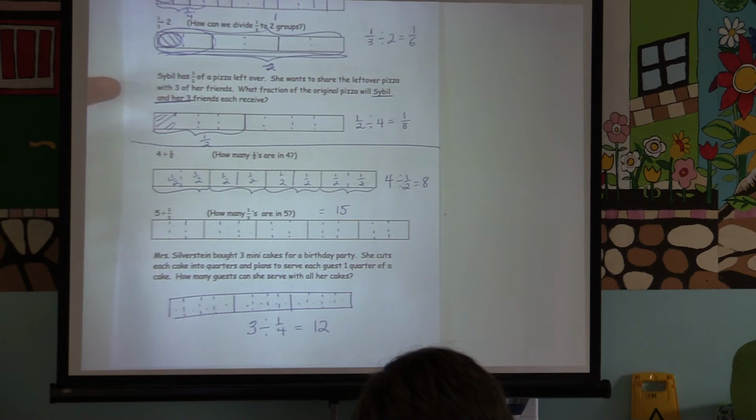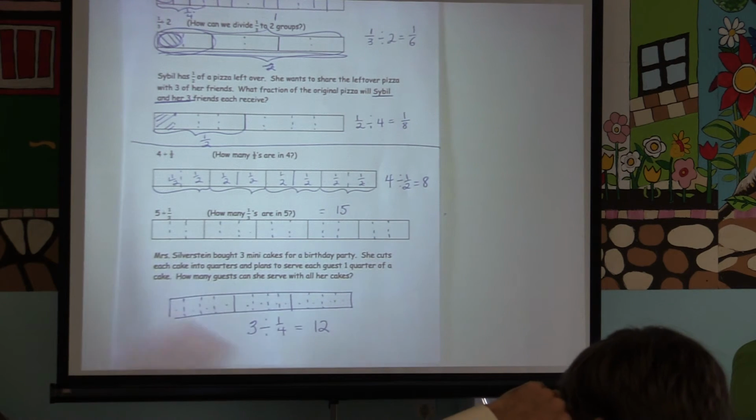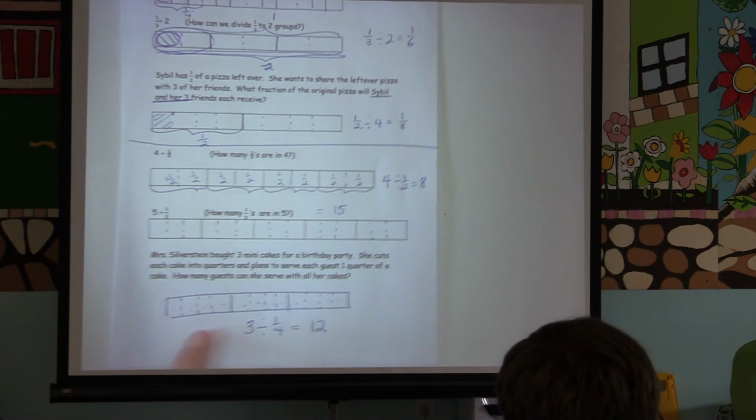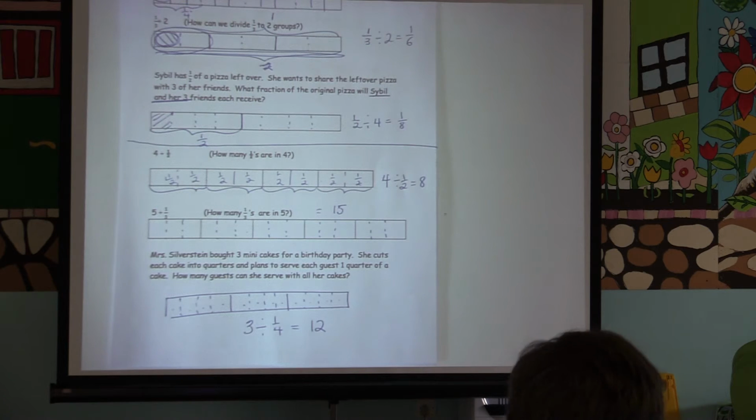As soon as you have 1 sample, it's usually easy to come up with other problems. They are going to be asked to write the equation, but not solve it numerically. But they do need to know that this was 3 divided by 1/4. But they would be solving it by drawing a picture.